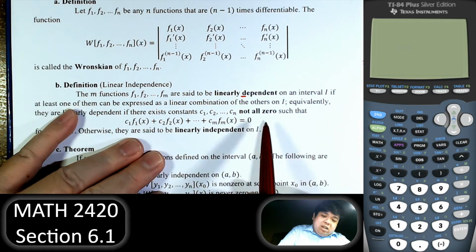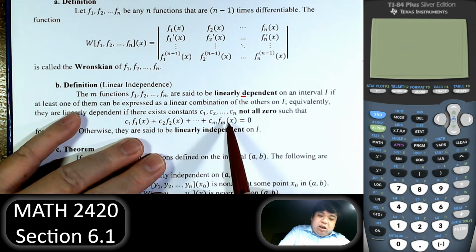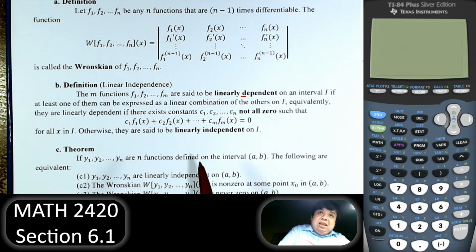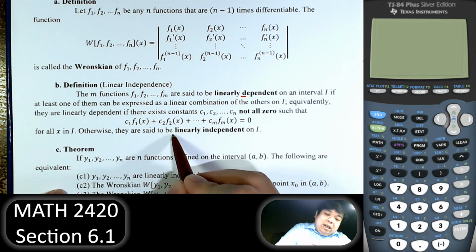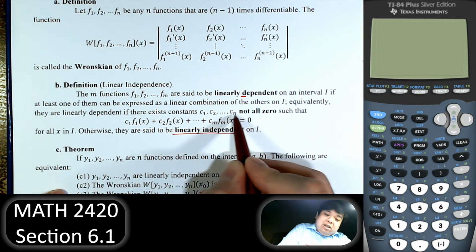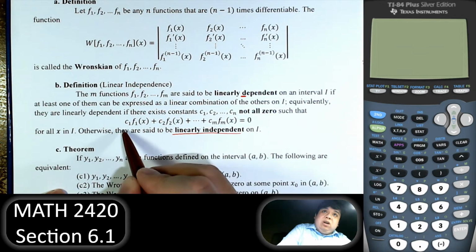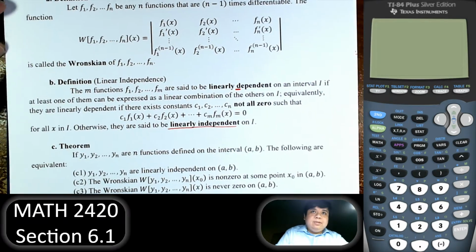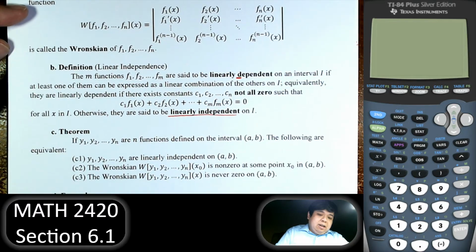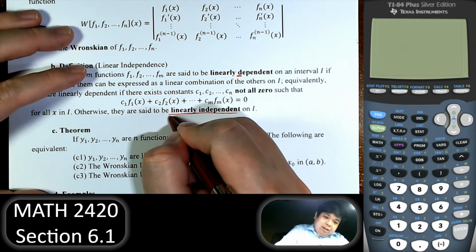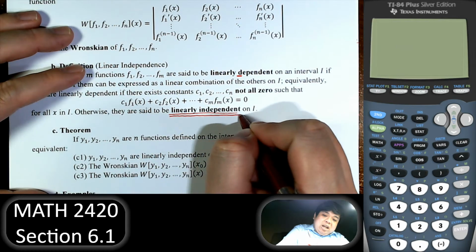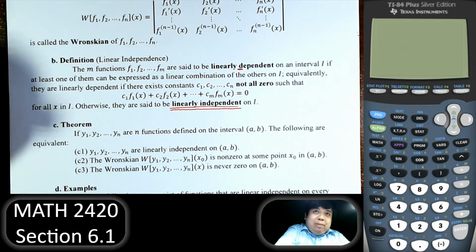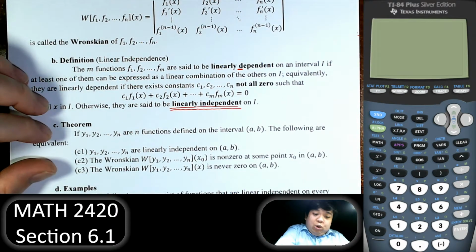Now if we have this equal to 0 and all of these coefficients are equal to 0, then that is linearly independent. So linearly independent is where this equal to 0 implies all the c have to be 0.